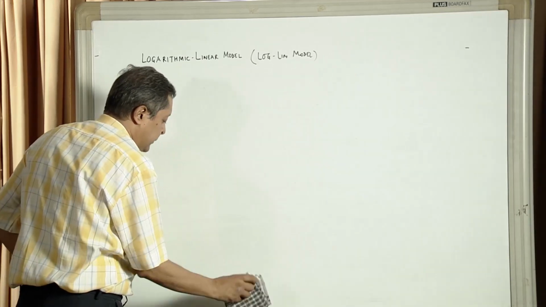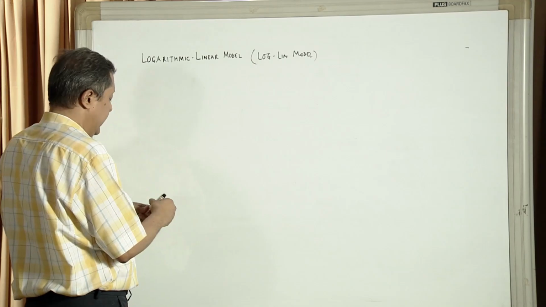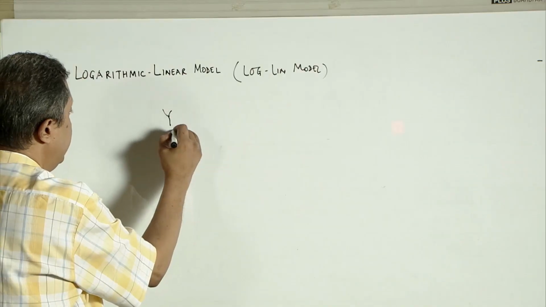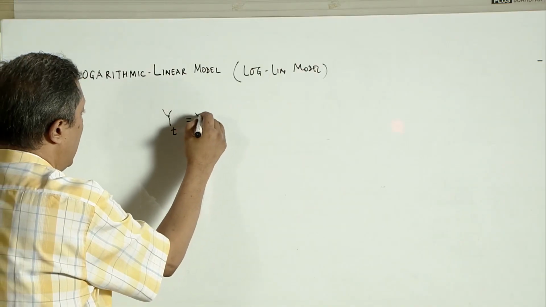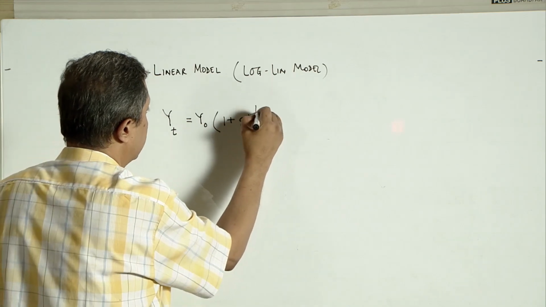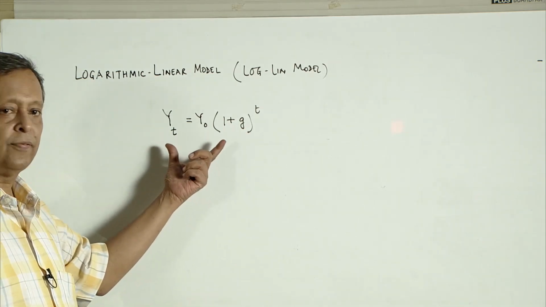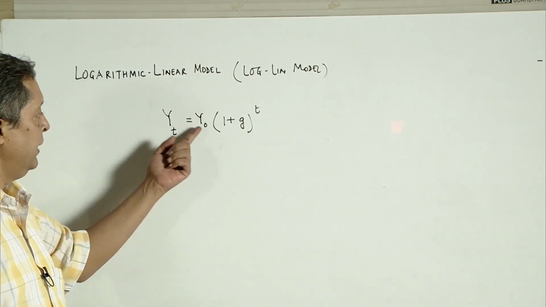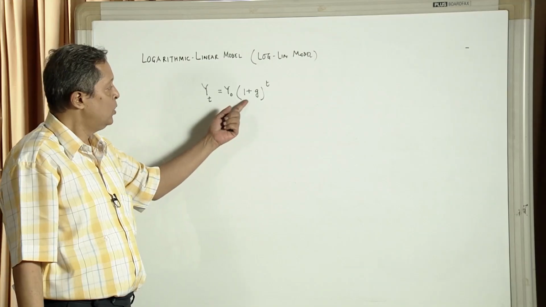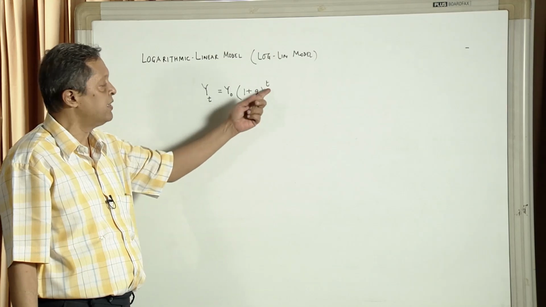So, let us consider the model where we write y t is equal to y0 into 1 plus g to the power t. So, that is nothing but our familiar compound interest formula. Y t is original y into 1 plus growth rate. This is the discrete growth rate over how many time periods?